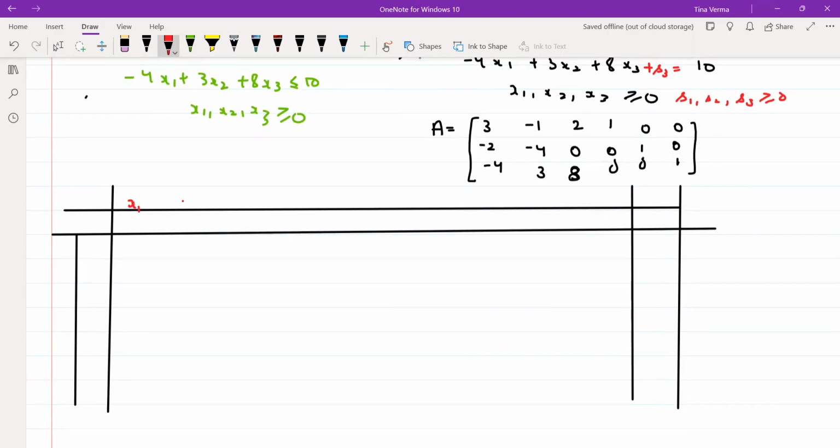There will be the columns of x1, x2, x3, s1, s2 and s3 because I have these variables only. Here I'll write my xb and then I'll find the minimum ratio, right? And here I will write my zj minus cj. And here I write my basic variables and the cost coefficient.